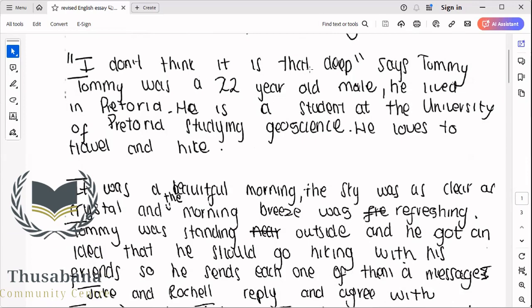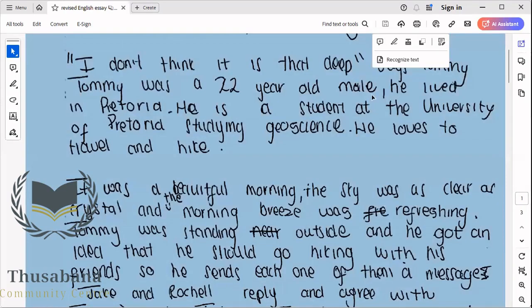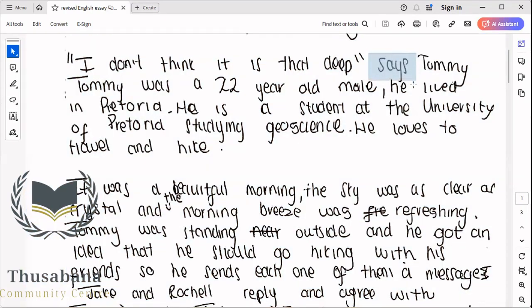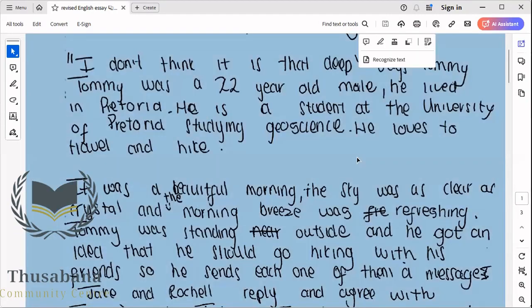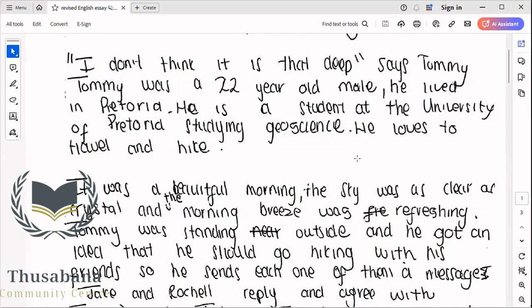"I don't think it is that deep," says Tommy. So you see your tenses there. It's present, is present, right? Okay, there's quite a lot of those.